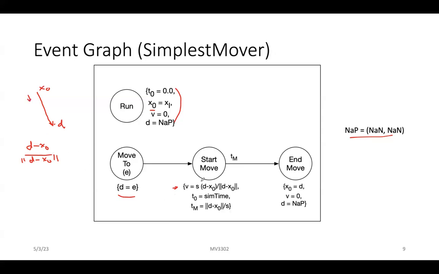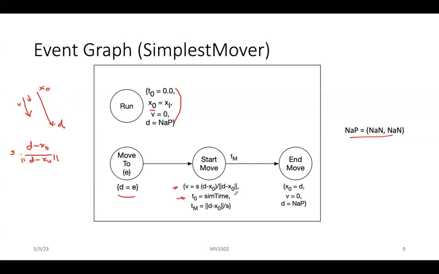But the magnitude needs to be the speed. So then when I multiply it by the speed, I have a velocity vector that's pointing in the right direction and has the right magnitude. In other words, the magnitude of the velocity vector as it was constructed is exactly equal to the speed. Okay, so we have our velocity.